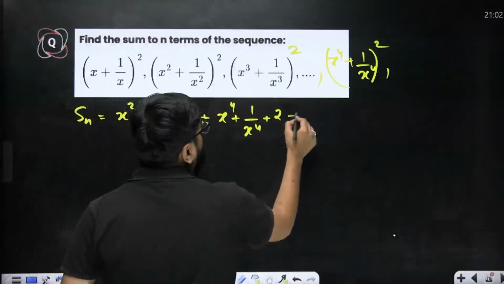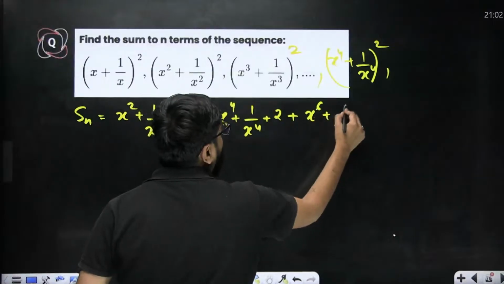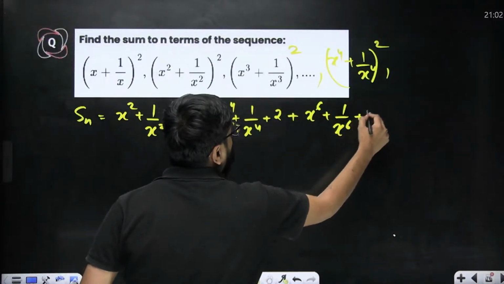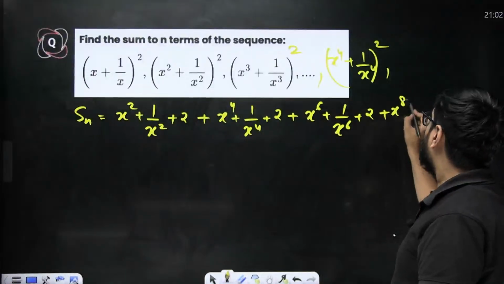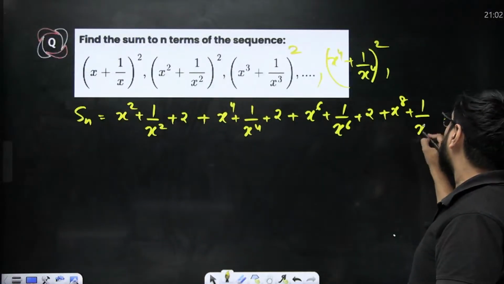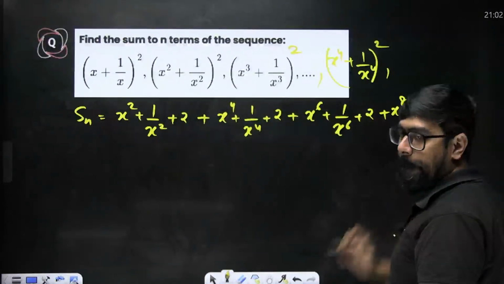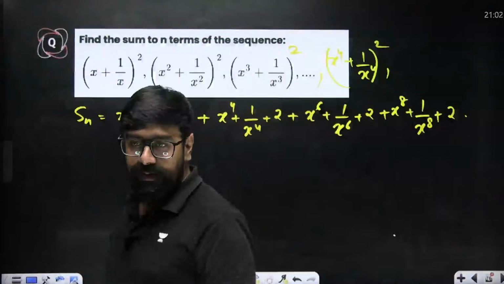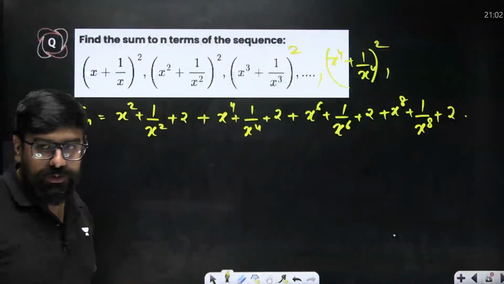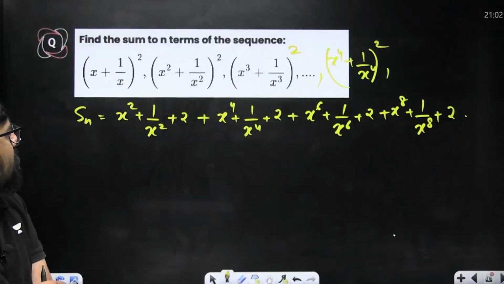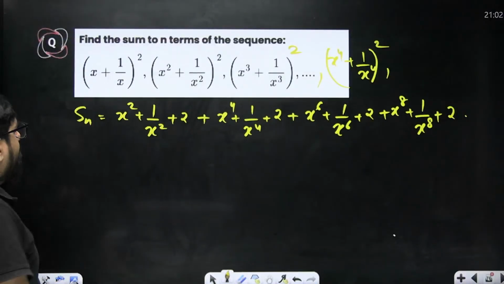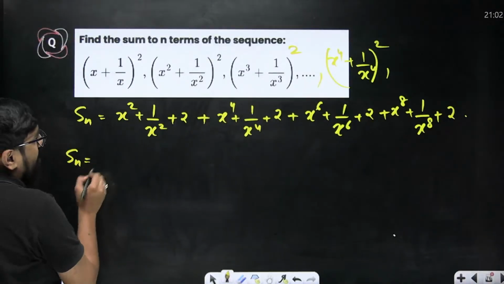Then x to the power 6 plus 1 by x to the power 6 plus 2. Similarly, x to the power 8 plus 1 by x to the power 8 plus 2. I'm just opening these, I'm just squaring. And as soon as I did this, I realized, yeah, this is nothing.